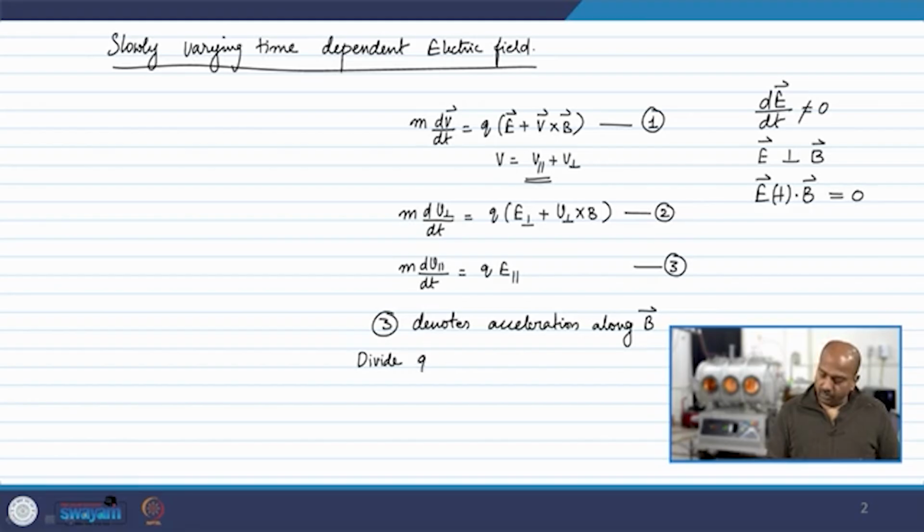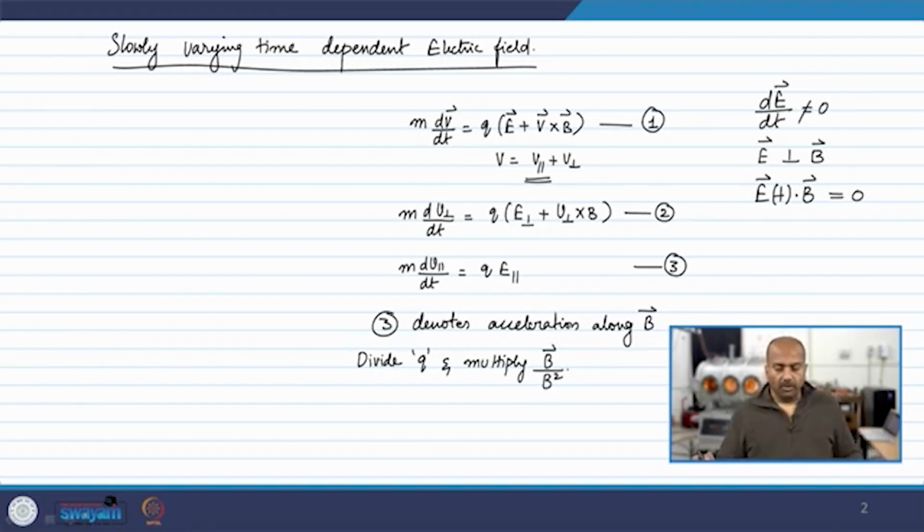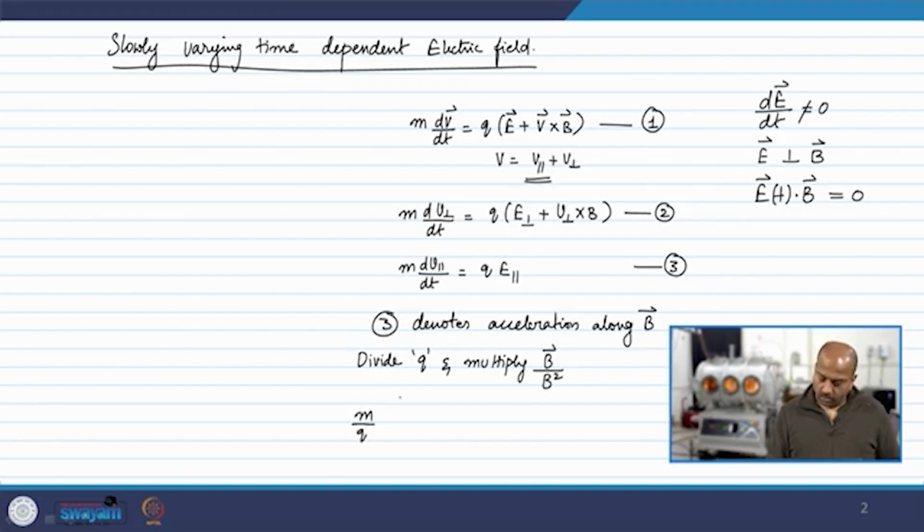Okay. Now, let us perform some simple algebra on these equations and say divide equation number 2 by q and multiply by B by B square, taking a cross product from the right. Okay. Then what we have is m by q, we are dividing with q, d v perpendicular by dt cross B by B square is equal to, now q is no longer there on the right hand side.